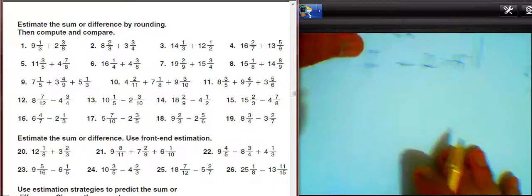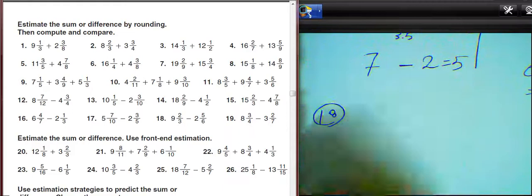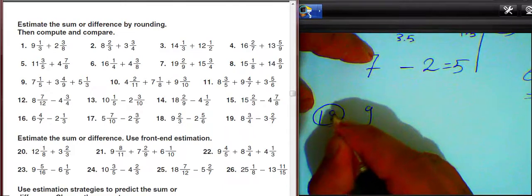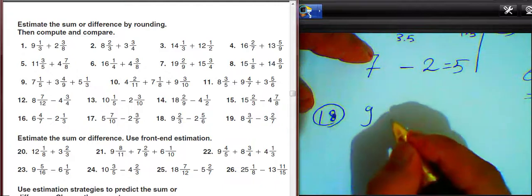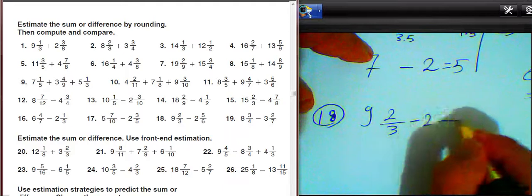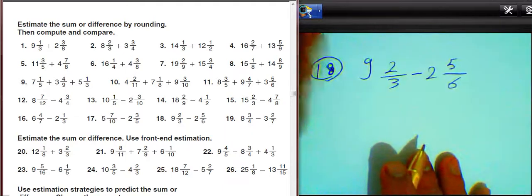Question 18. 9 and 2 over 3 subtract 2 and 5 over 6. Who can solve it?